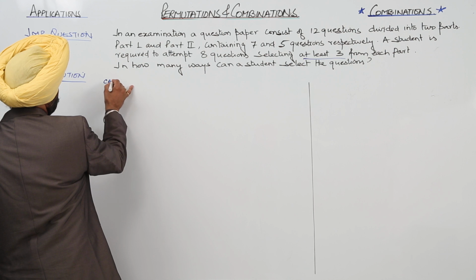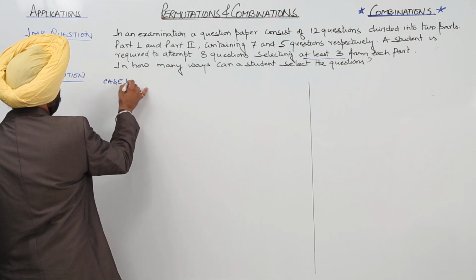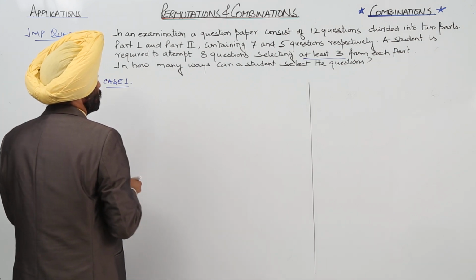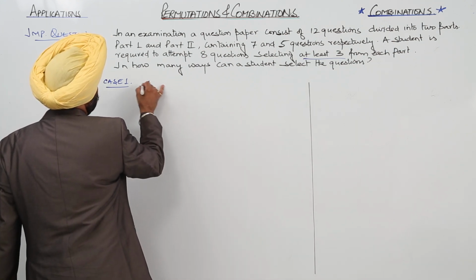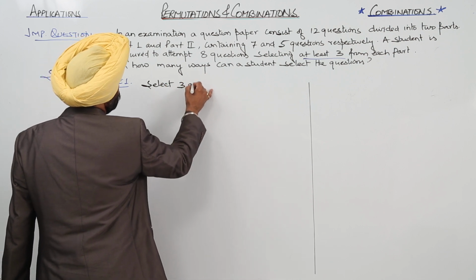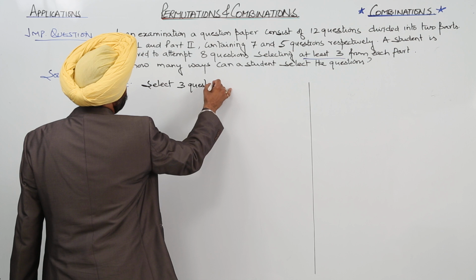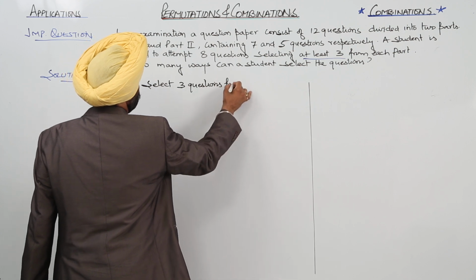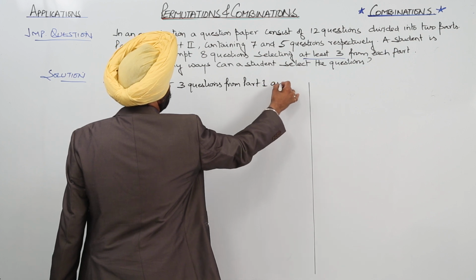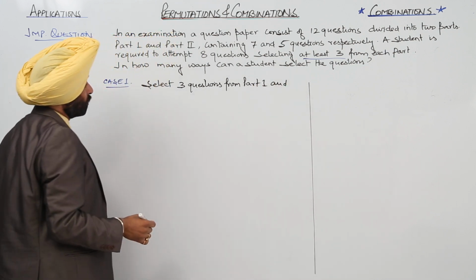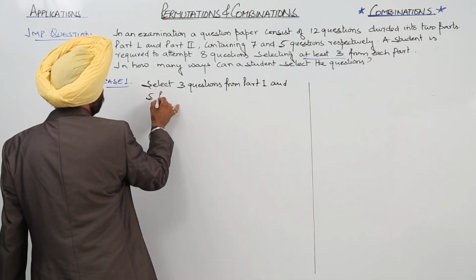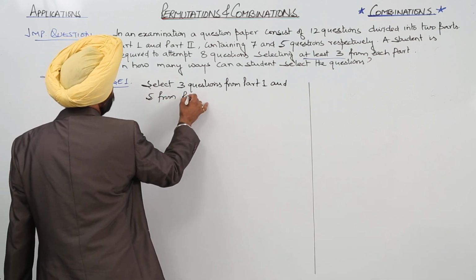Now case 1. In case 1 we select 3 questions from part 1, and when 3 are selected from part 1, since the total is 8, we select 5 from part 2.